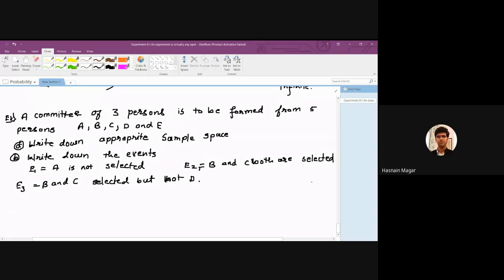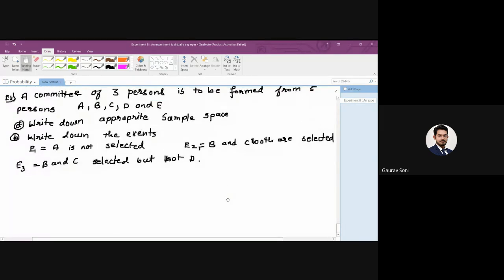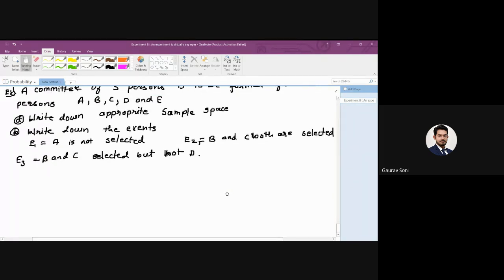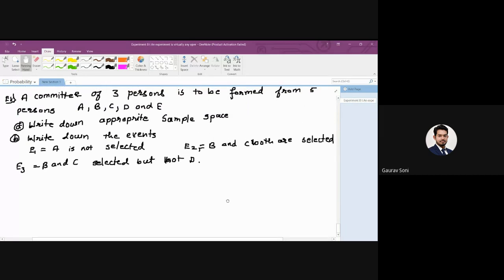So here we need to use the combinations. You can determine the number by combinations, but when it is about the actual sample space, the nCr won't work. nCr will give you the total number of elements in your sample space.